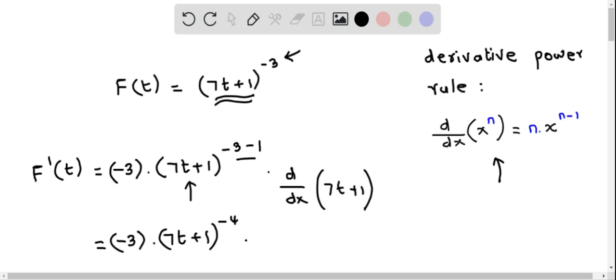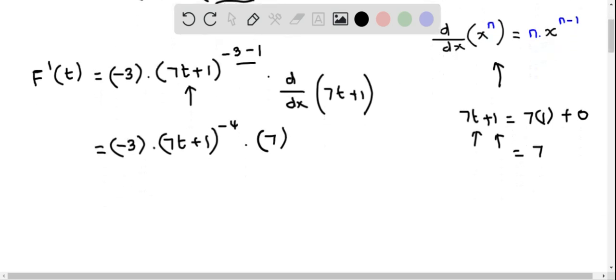And then we find the derivative of 7t plus 1. We put the 7 in front, and the derivative of t is 1, so it becomes 7 times 1, plus the derivative of 1, which is a constant, so 0. So basically the derivative of 7t plus 1 is 7. So I put the 7 here.